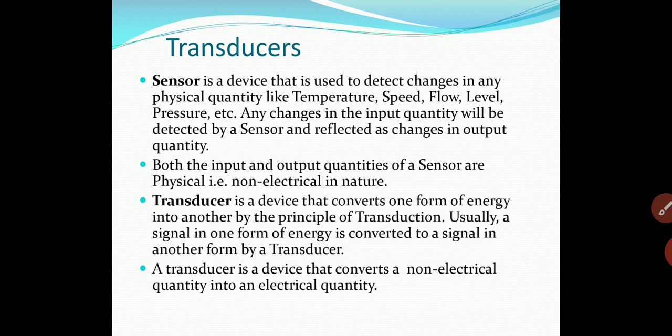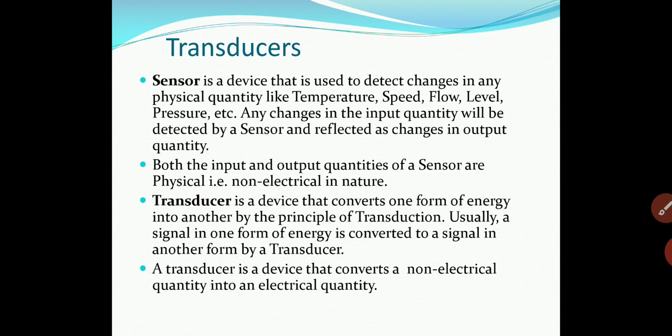So we can define the sensor as a device that is used to detect change in any physical quantity like temperature, speed, flow, level, pressure, etc. Any change in the input quantity will be detected by a sensor and reflected as change in the output quantity. So sensor is a device that responds to physical change.